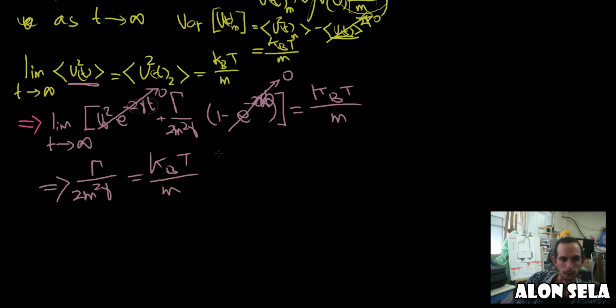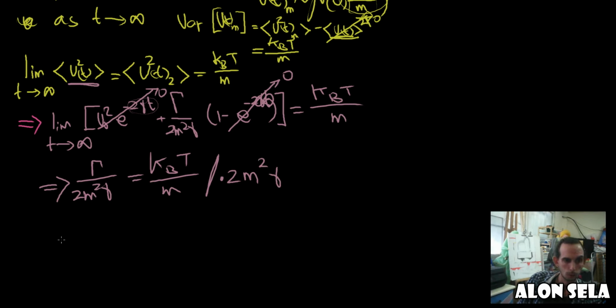Now let's do a simple multiplication, times 2 m squared gamma.